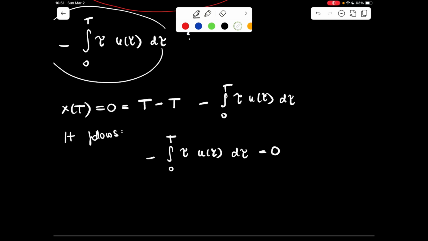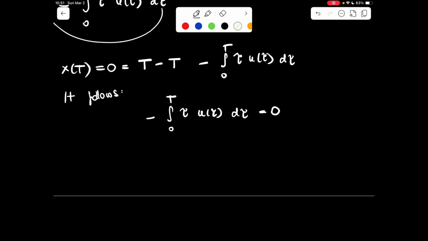And before moving on, let's summarize what we know. First, we have two kinds of restrictions or constraints. One set of the constraints comes from the physical properties of the problem. So we know that at the end of the mission, we must be in a state of rest.